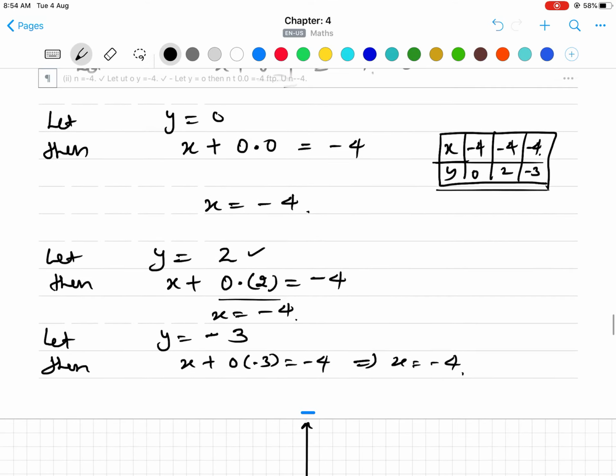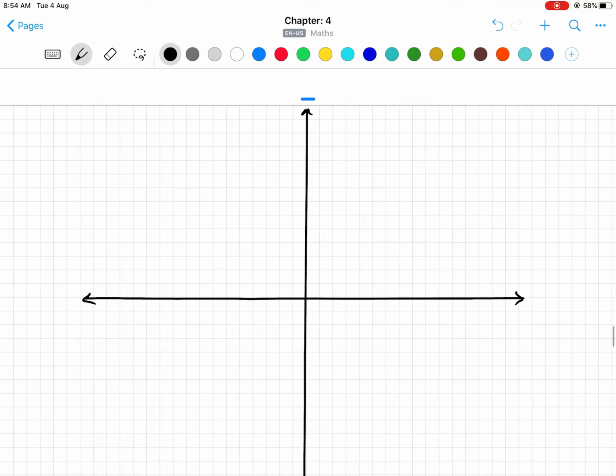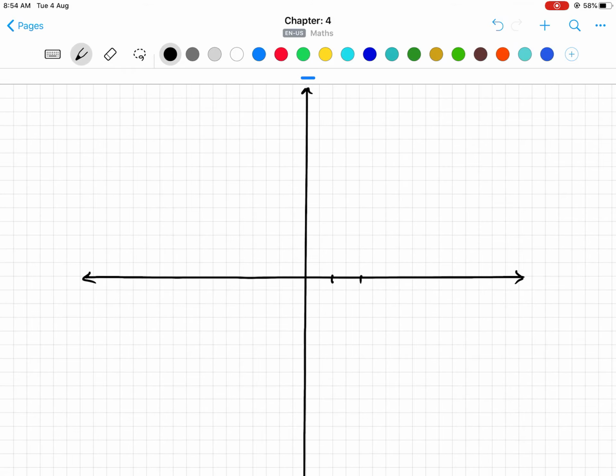First, let's mark the points here. We have 1 2 3 4 5 6 7, and 1 2 3 4 5 6 7. Minus 1, minus 2, minus 3, minus 4, minus 5, minus 6, minus 7. Similarly plus 1 here, plus 2, 3, 4, 5 and 6.